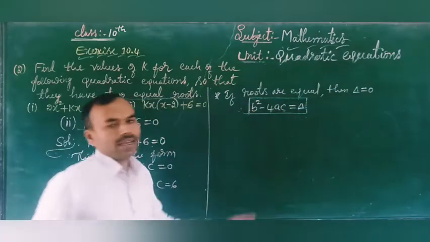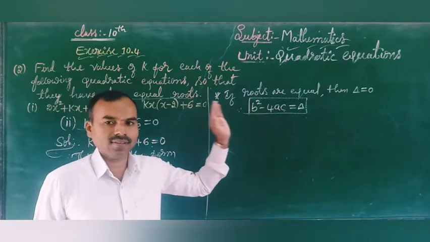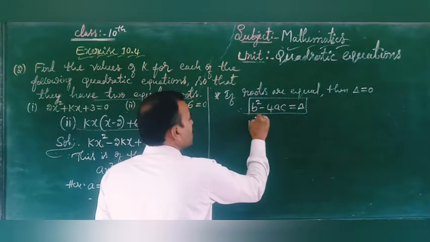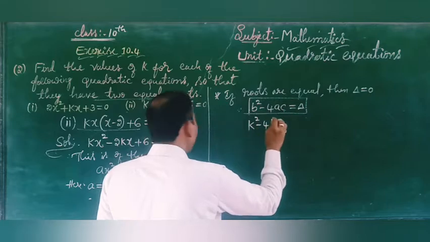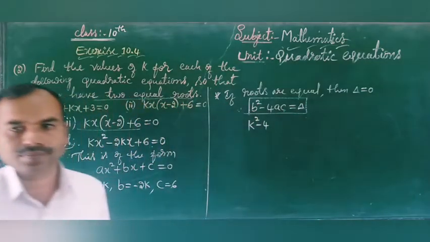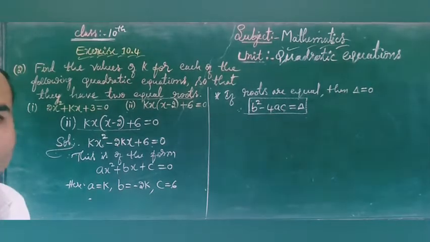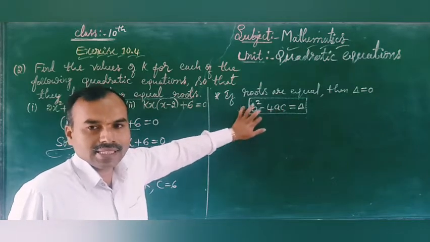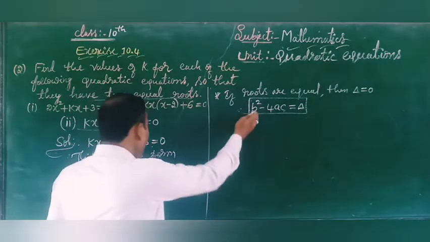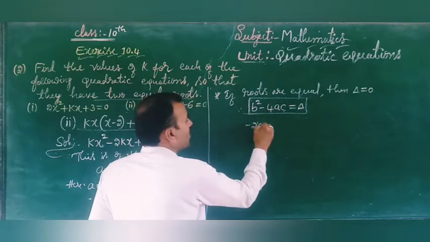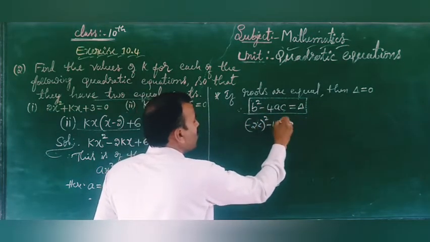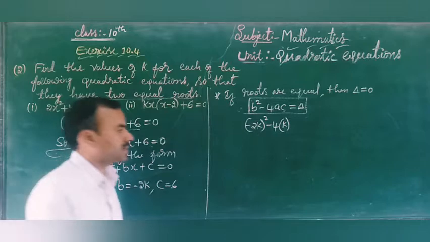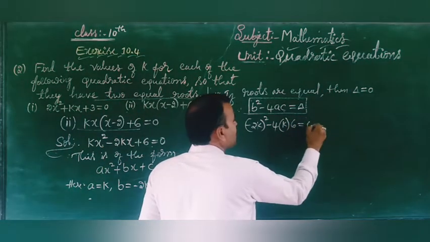Put the values of a, b, c and delta in this discriminant. The b value is minus 2k, whole squared, minus 4 into a value k and c value 6, because delta is 0.